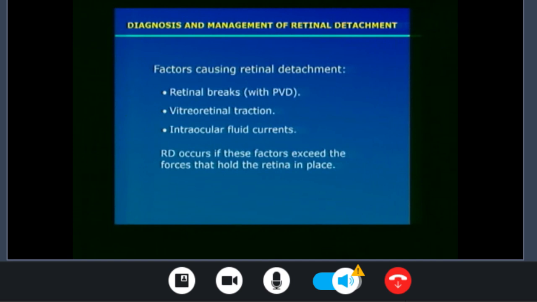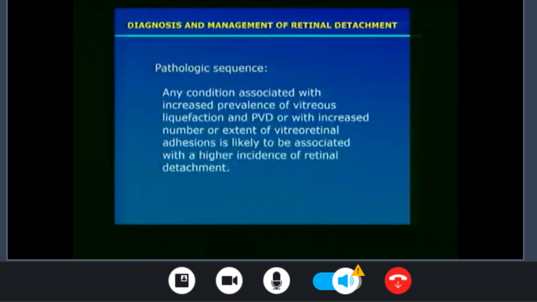And then you need intraocular fluid currents that will allow the fluid to pass through the break. You need three things: break, vitreoretinal traction, and intraocular fluid currents. And retinal detachment develops if these forces exceed the forces that keep the retina attached.